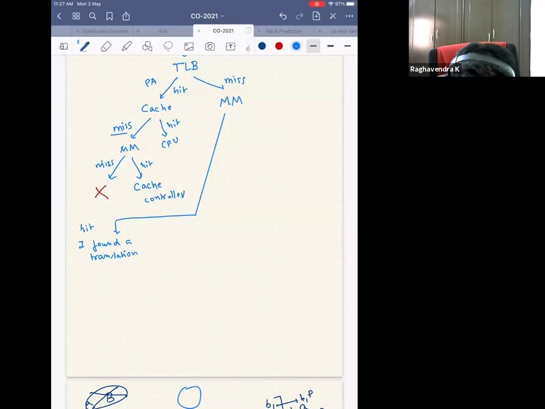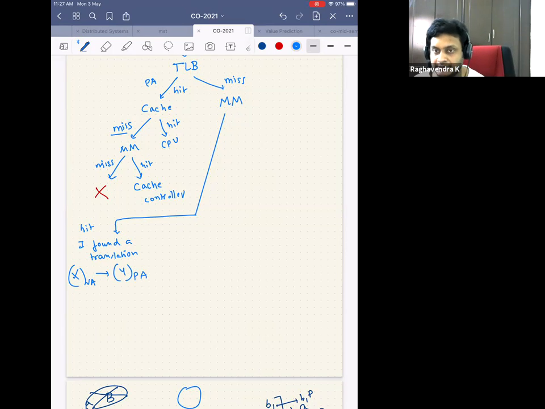So if I gave the virtual address X, I got Y physical address, or whatever that physical address stands for. So I have found this translation. Then does it mean that it is in the main memory?